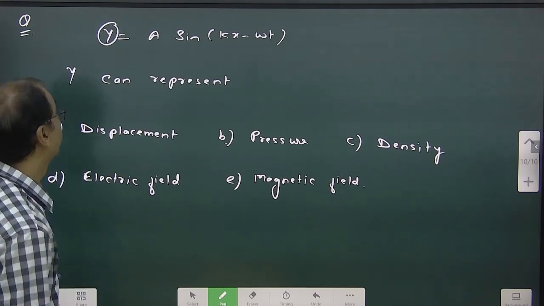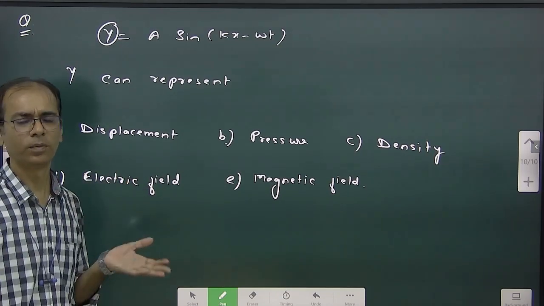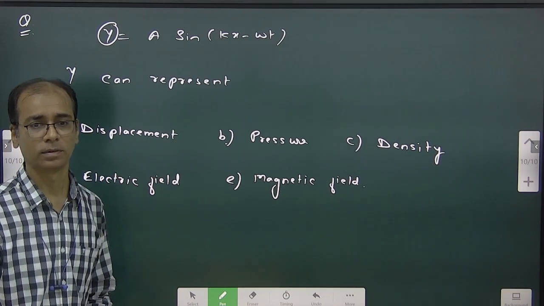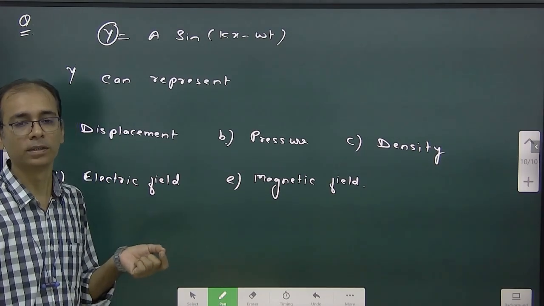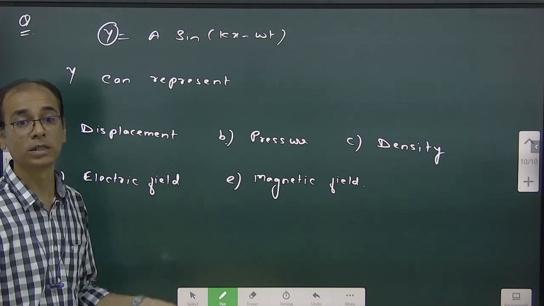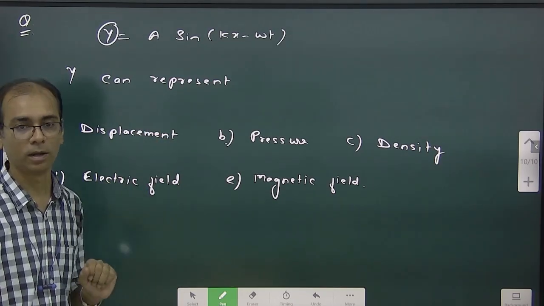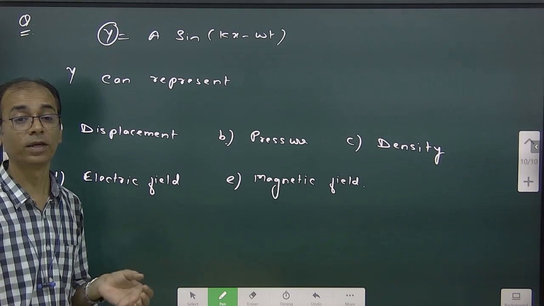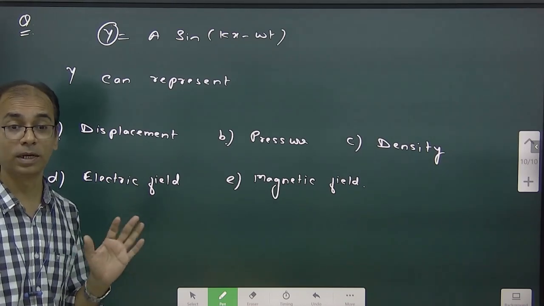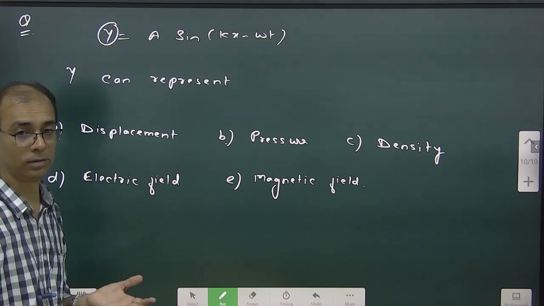Why can it be displacement? Whatever we have discussed so far is a displacement wave only. But does it mean that we have discussed only displacement? No. We have discussed something called an electromagnetic wave before.